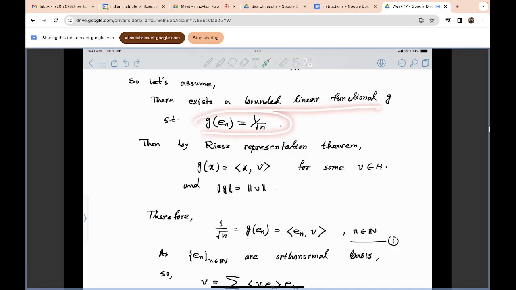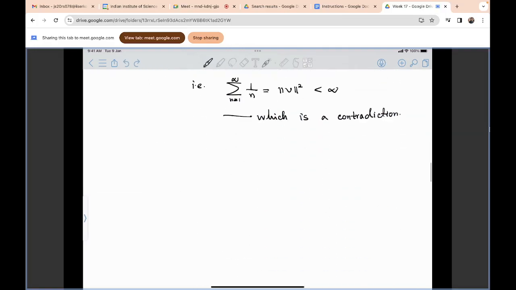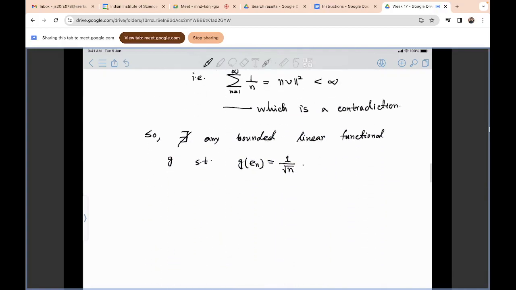So there does not exist any bounded linear functional g such that g of En is given by 1 by square root n. Okay, so we are done with statement Q.